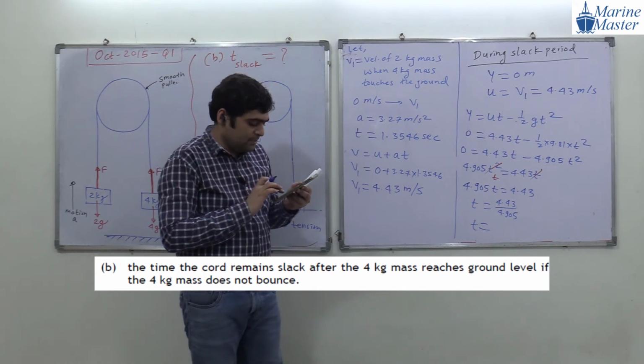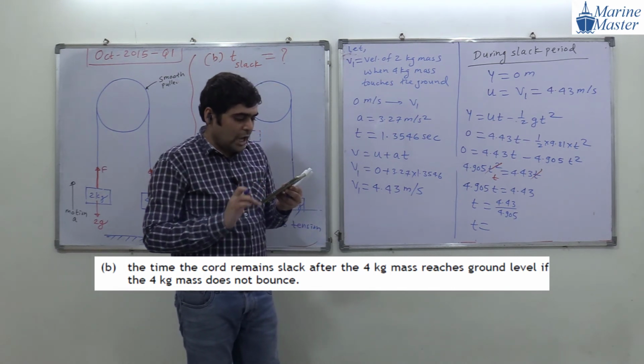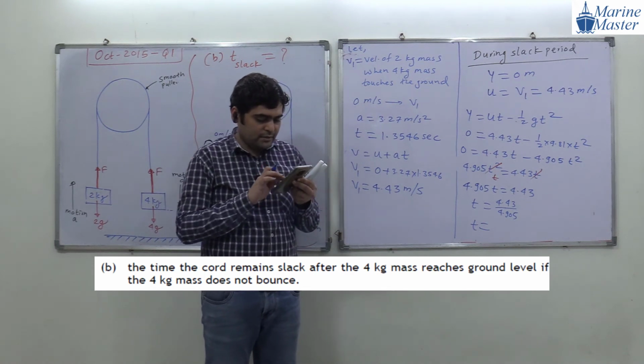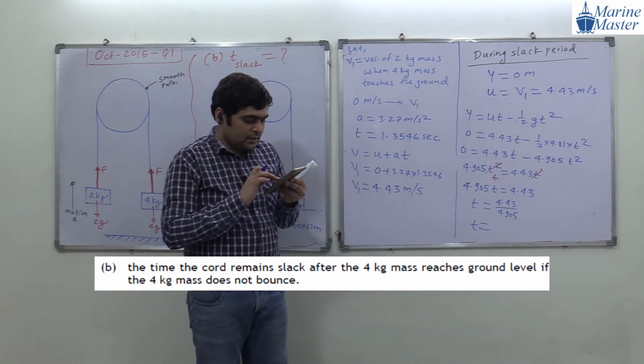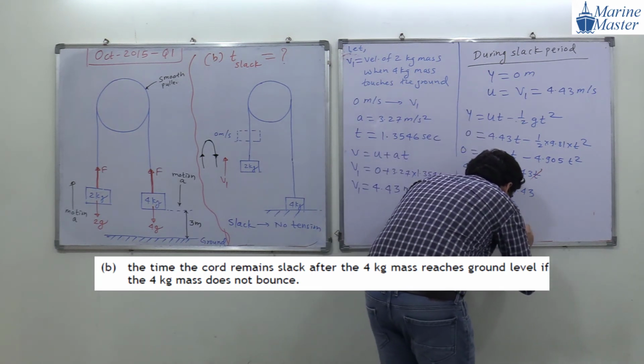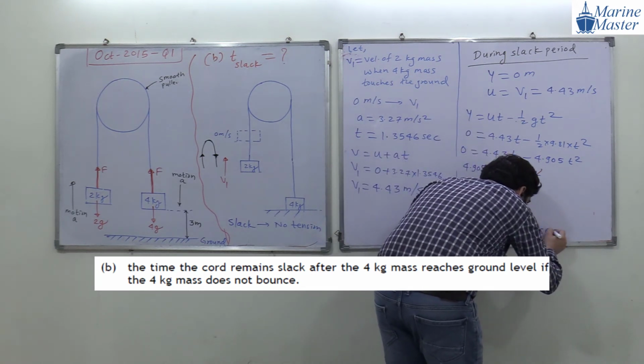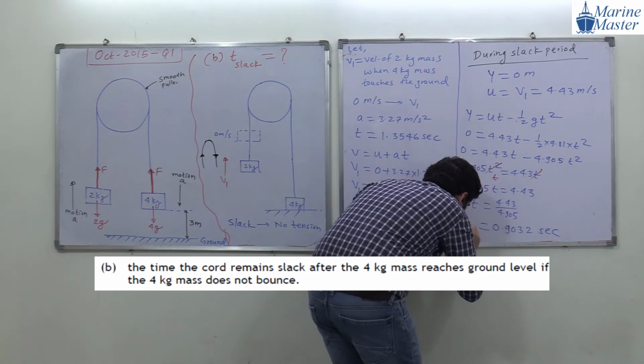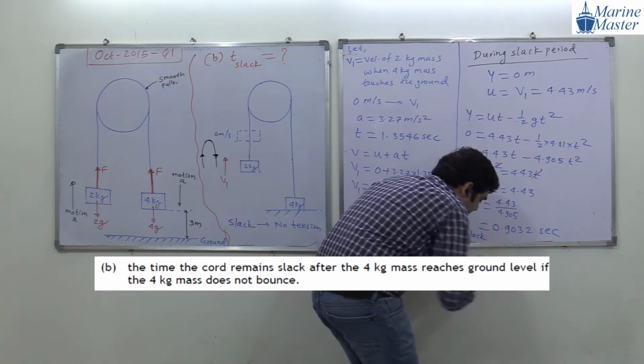How much are we getting? 0.9032 seconds. So this will be our time of slack. You got the meaning of time of slack, guys?